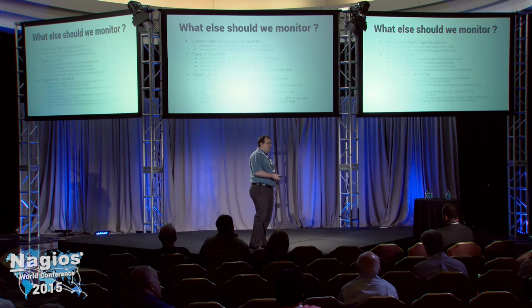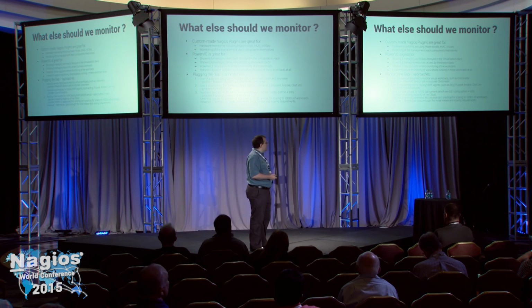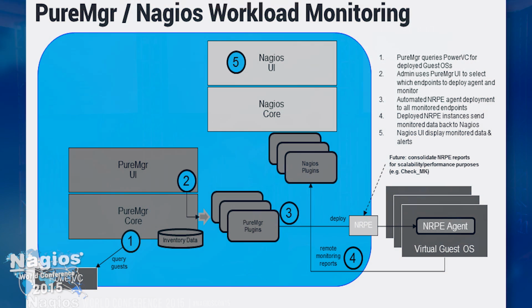We have prepackaged agents that have the plugins we want there to monitor things on the VMs, and it goes and installs that. And this is just a graphical depiction of how it works, right? We also have PureMgr plugins for each of the VM types. They are responsible for deploying the NRPE agents, and then the NRPE agents feed the data back to Nagios, right?